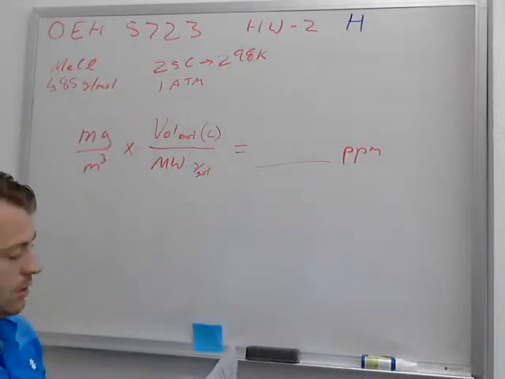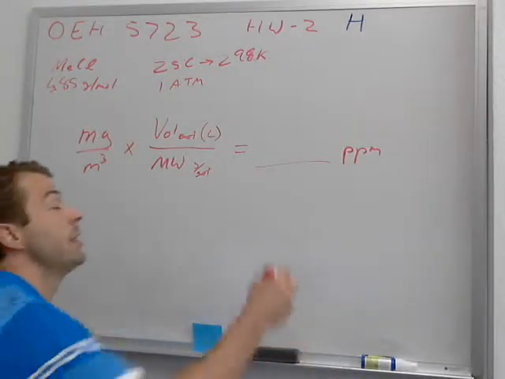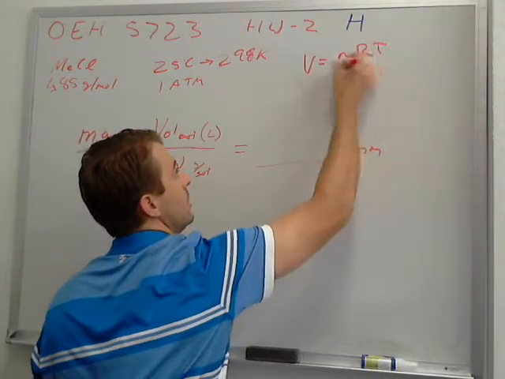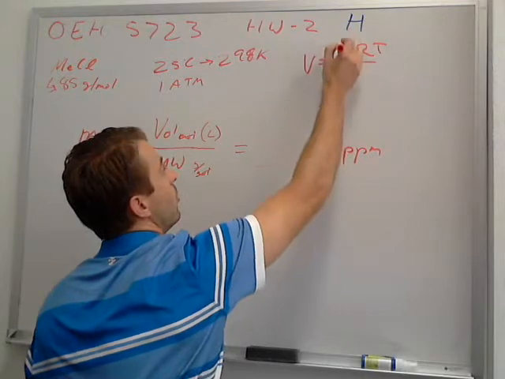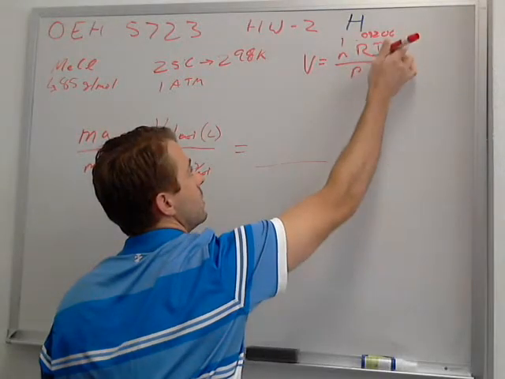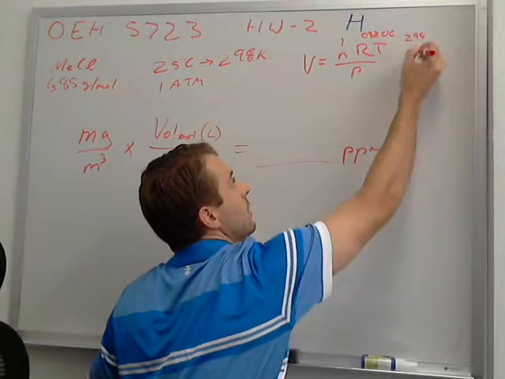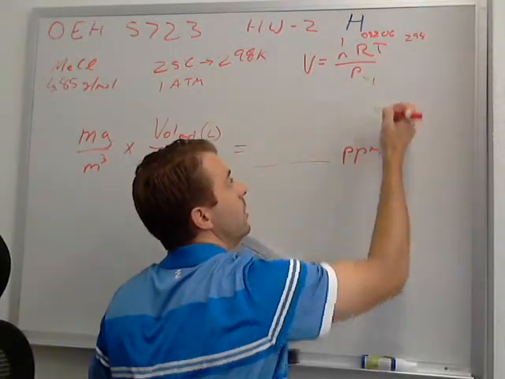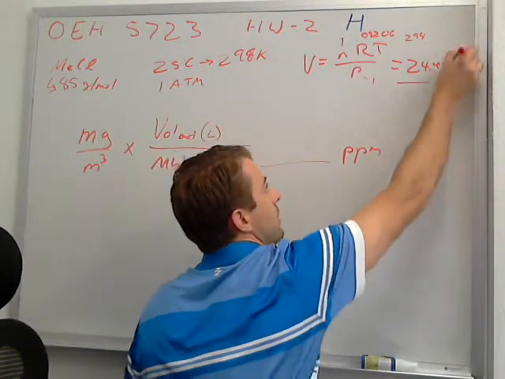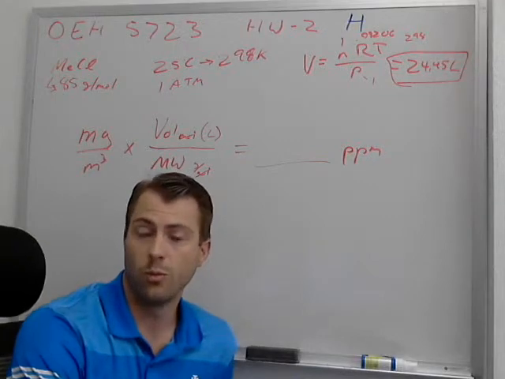So we did this on the first problem F, so I'll refer you back to that, but it's just plug in to the PV equals nRT, so V equals nRT over P. We have 1 mole, we have our gas constant, 0.08206, and I'm not putting units because I'm just doing this quickly. Our temperature is 298 Kelvin, and then our pressure is 1. And this should come out to 24.45 liters.